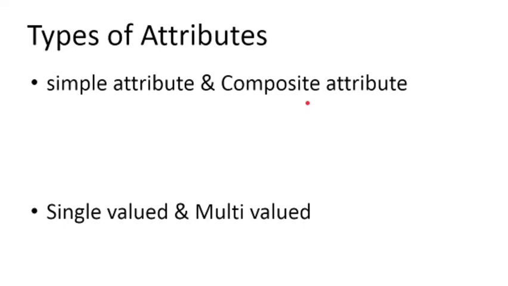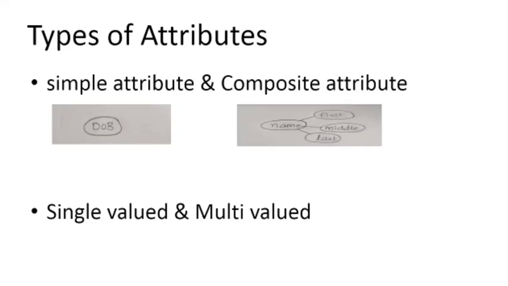We can divide that attribute further. DOB is one of the examples of a simple attribute and name is one of the examples of a composite attribute. Here name is an attribute. We can divide this name attribute into subparts like first, middle, last. For DOB we can't divide this attribute further.